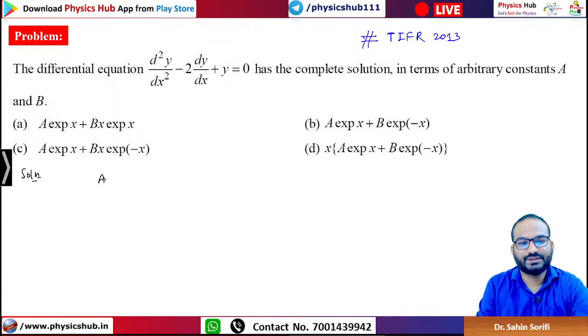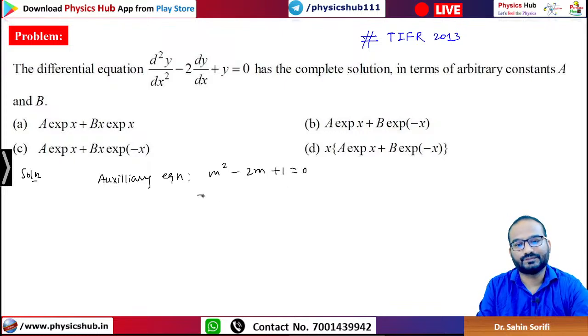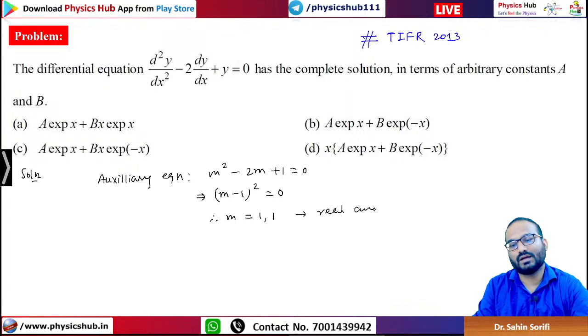What is the auxiliary equation? m square minus 2m plus 1 equals to 0. So this is m minus 1 whole square equals to 0. That is the value of m is equals to 1 and 1. So this is real and equal.